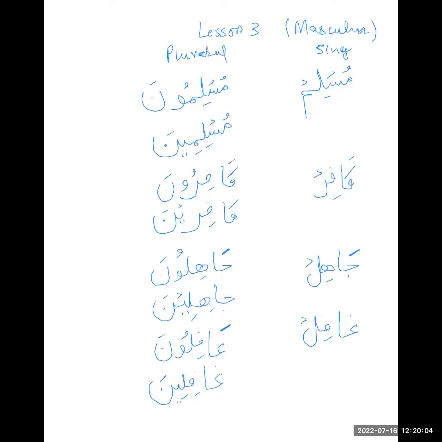But some of the broken nouns, for example, kitab. Kitab wouldn't be kitabuna or kitabina because that would look too odd. So it would be kutub. The plural of kitab would be kutub.